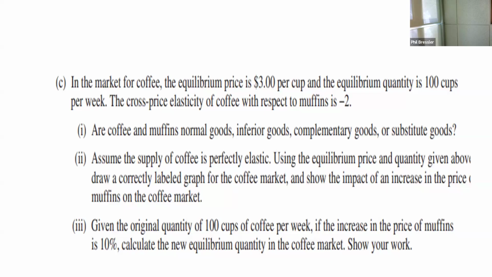But they don't ask that. They ask, what is the new equilibrium quantity? I know the original quantity was 100. If I times that by negative 0.2, I got minus 20 cups. But that isn't my quantity. It's 100 minus 20. So my new quantity is 80.